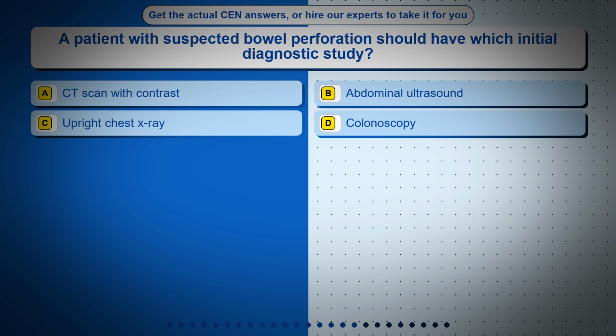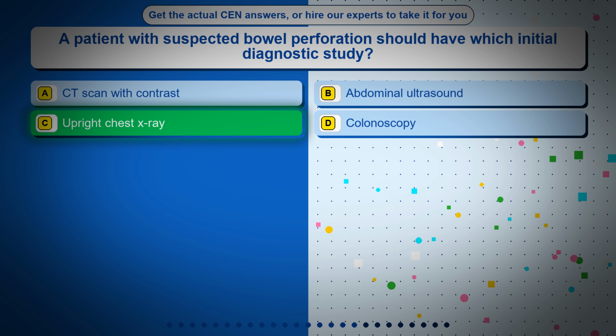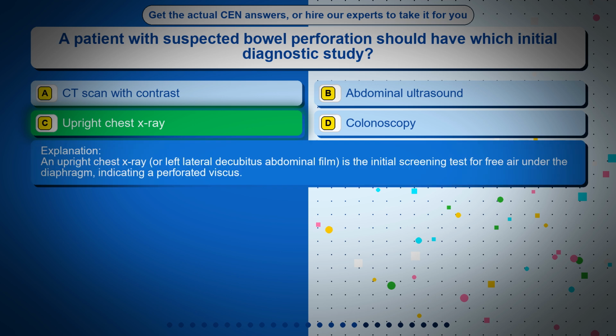Option B, abdominal ultrasound. Option C, upright chest X-ray. Option D, colonoscopy. The correct answer is option C, upright chest X-ray. An upright chest X-ray, or left lateral decubitus abdominal film, is the initial screening test for free air under the diaphragm, indicating a perforated viscus.